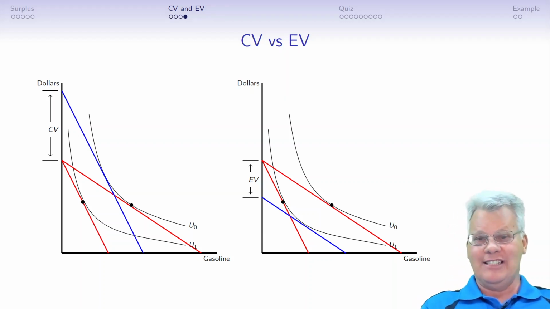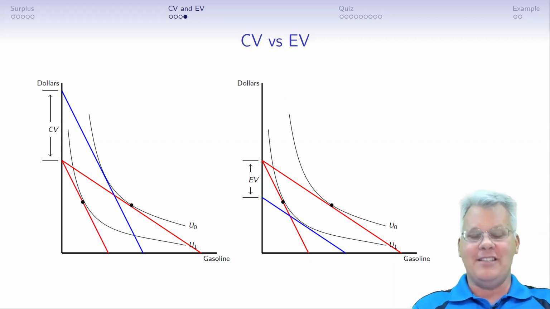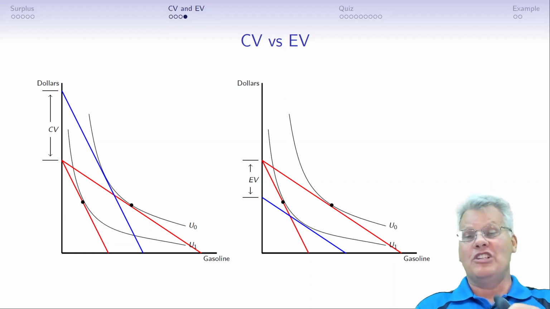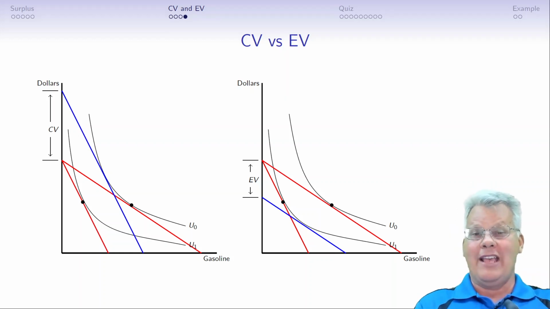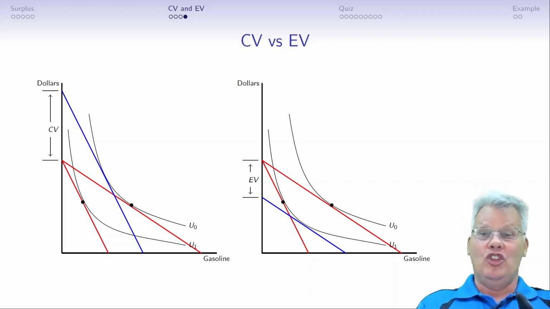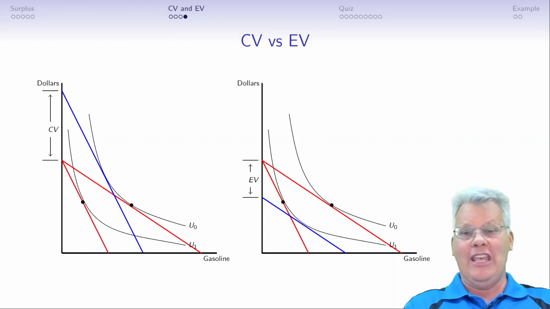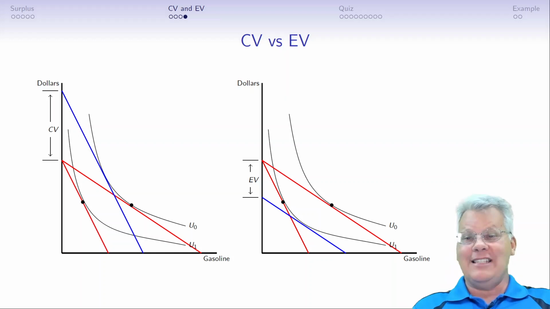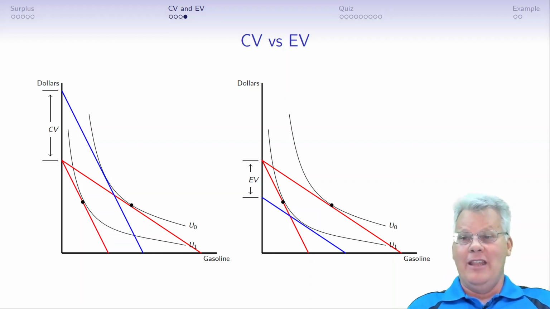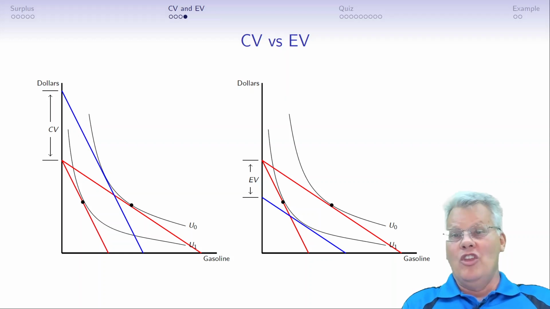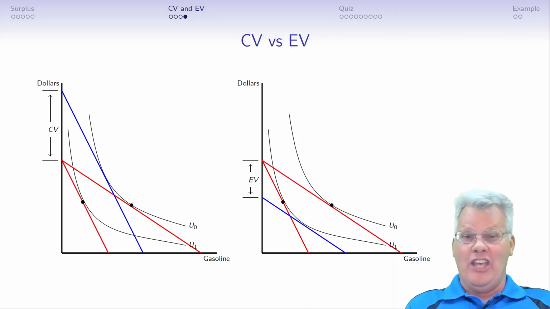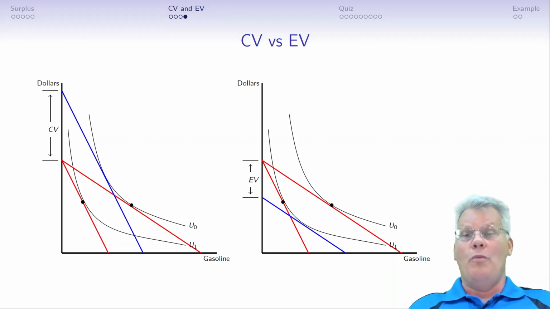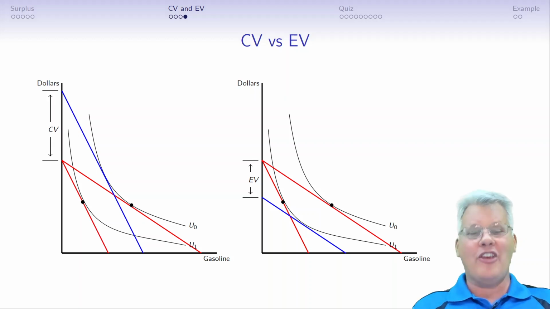Equivalent variation says, if the policy change has not yet been enacted, how much of a change in income would I consider equivalent to the same change in utility as this policy would cause? You can see from this diagram that even though they sound similar, the dollar amounts of compensating variation and equivalent variation are usually different. So be careful that you're calculating the right one.